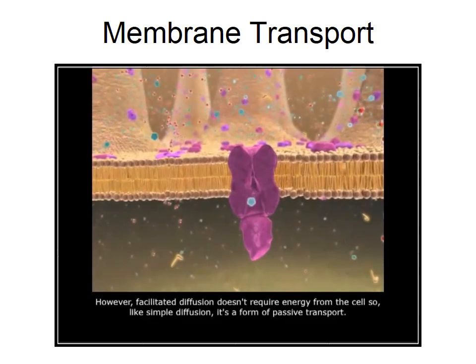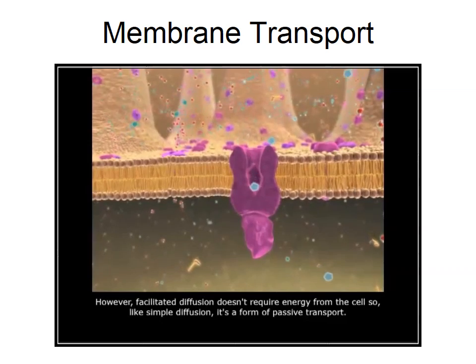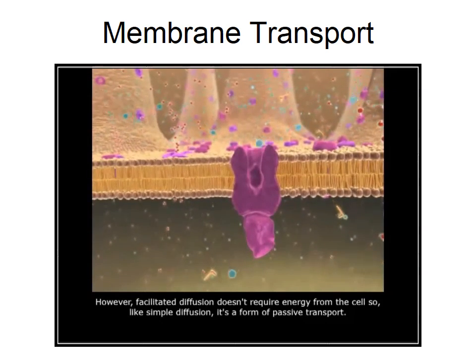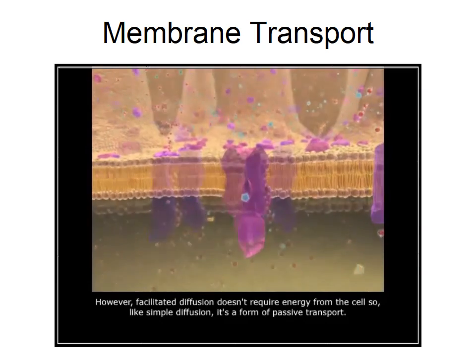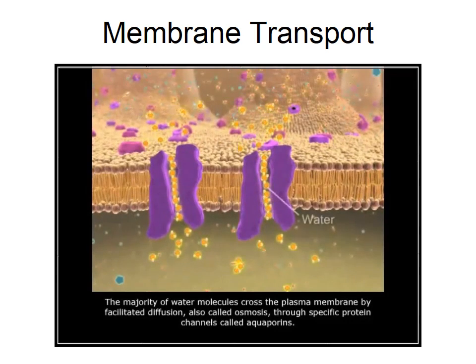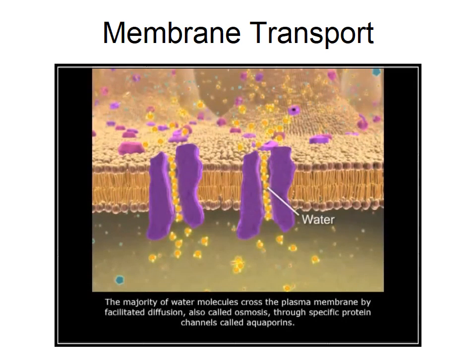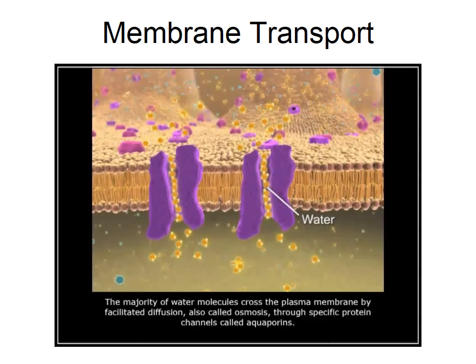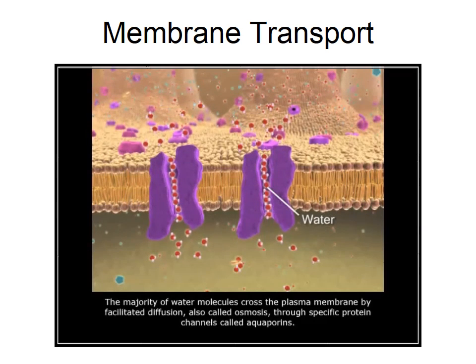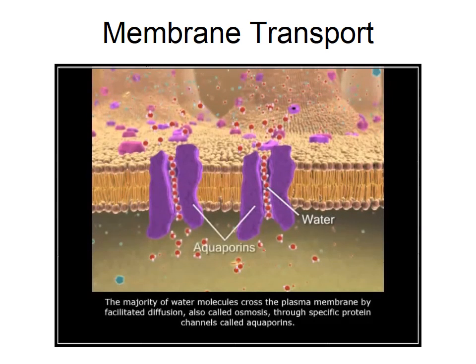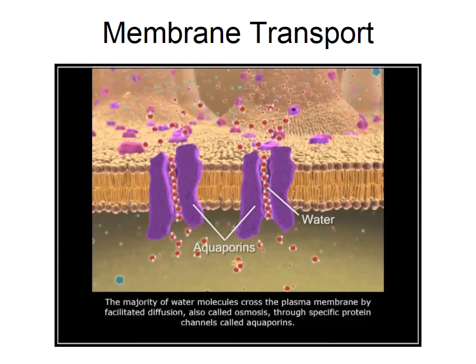However, facilitated diffusion doesn't require energy from the cell, so, like simple diffusion, it's a form of passive transport. The majority of water molecules cross the plasma membrane by facilitated diffusion, also called osmosis, through specific protein channels called aquaporins.